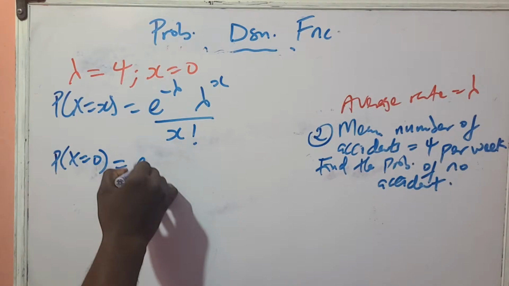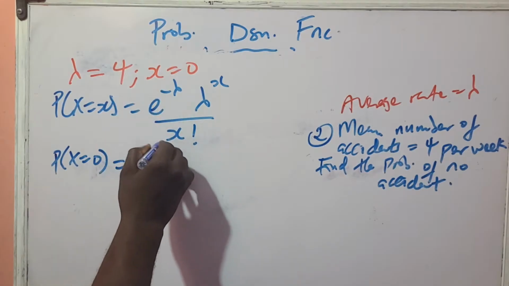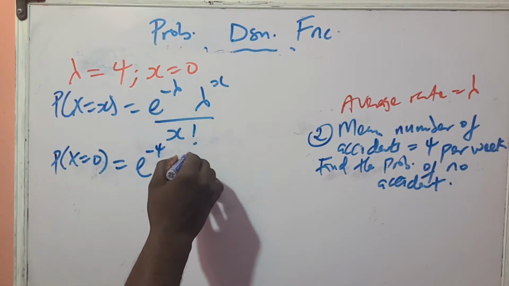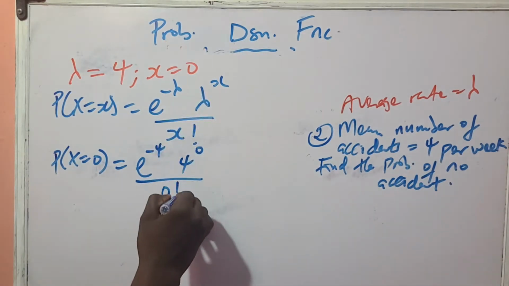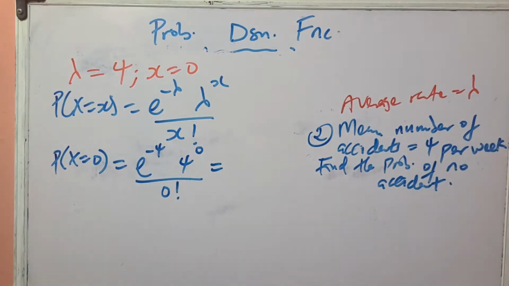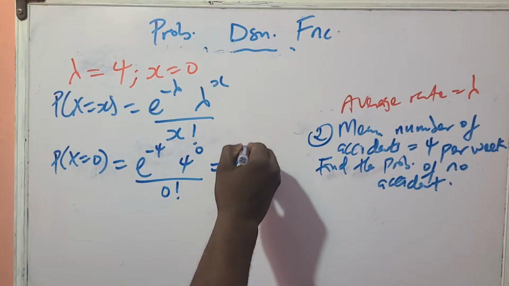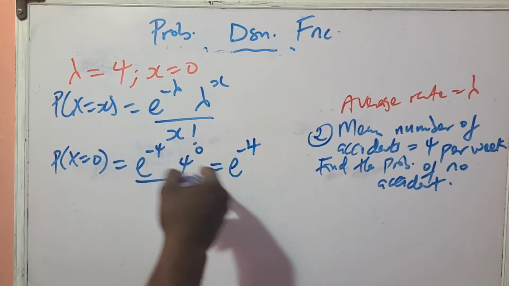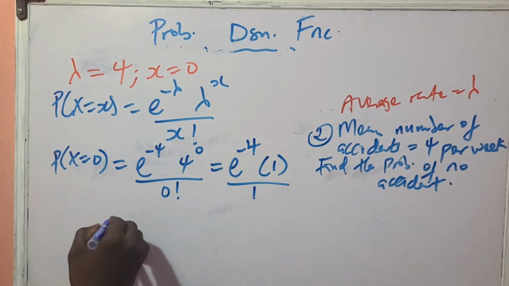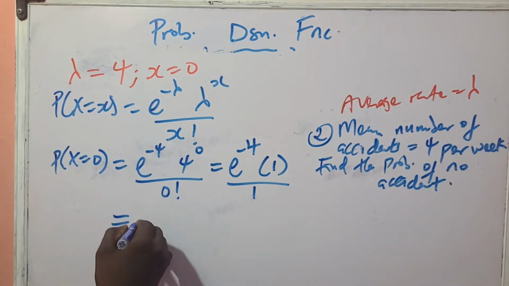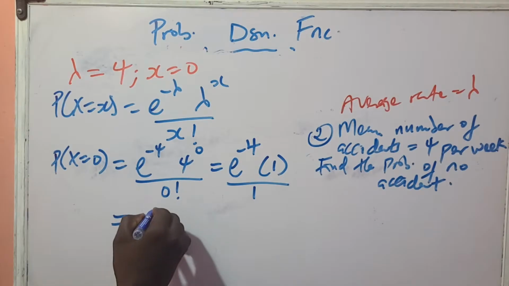That will be e raised to power minus 4, 4 raised to power 0 over 0 factorial. I'm sure you guys are very good at all these things. E raised to power minus 4, then 4 raised to power 0 will be 1, so this will be times 1. 0 factorial is 1. So this answer will disintegrate to e raised to power minus 4 as the only thing.